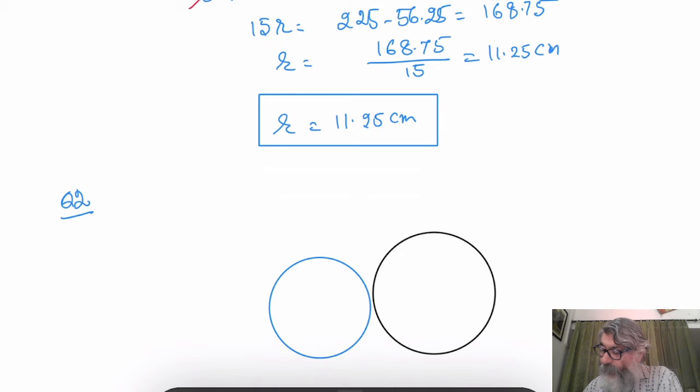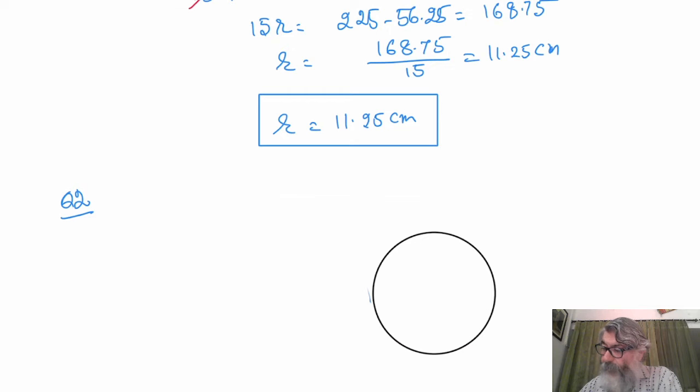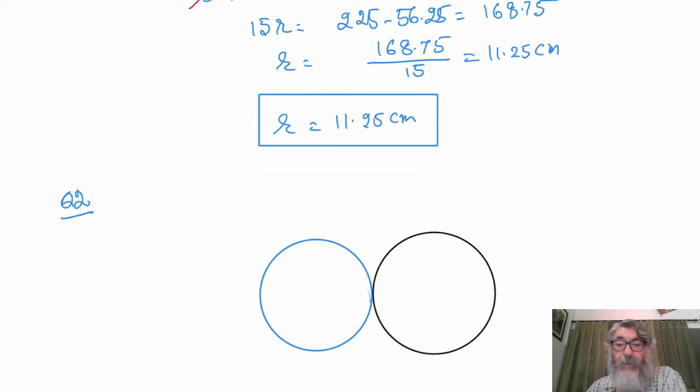It is always difficult. I have to make another circle. I'll try and make once again. Okay, we got it. Thank God.